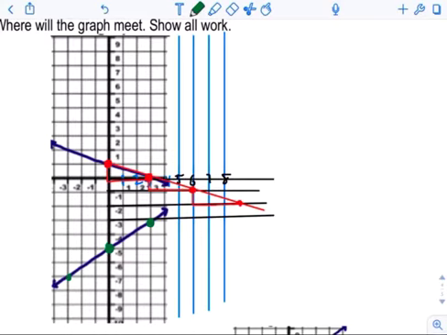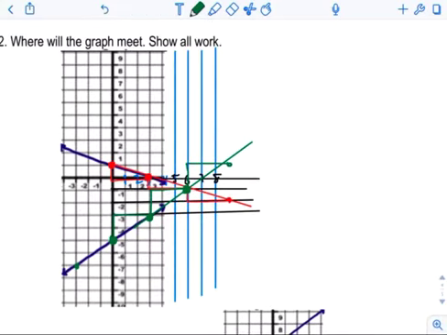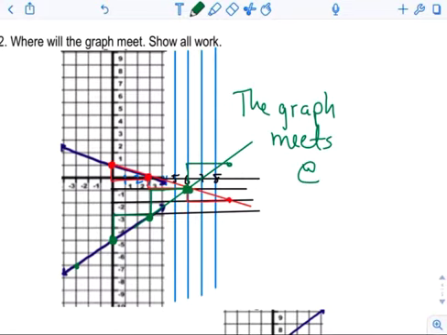Yeah, because here works too. So it goes 2 over 3. Oh, here's where it meets. 2 over 3. So you extend the line. They intersect at, where will the graph meet? The graph meets at this one right there. That is 6 and -1.